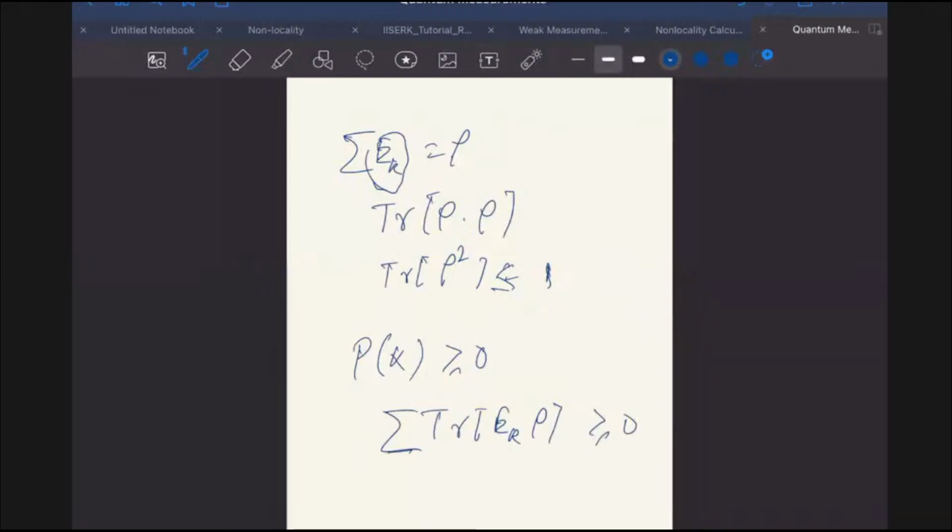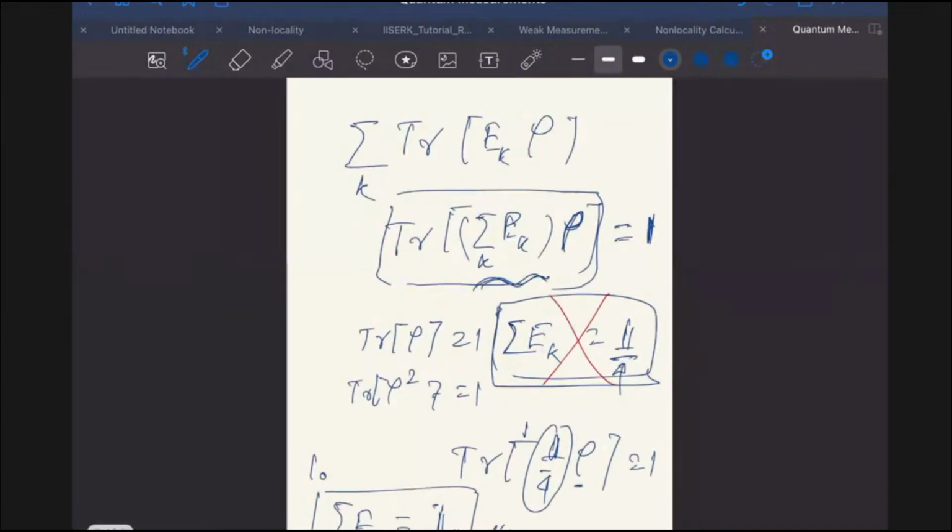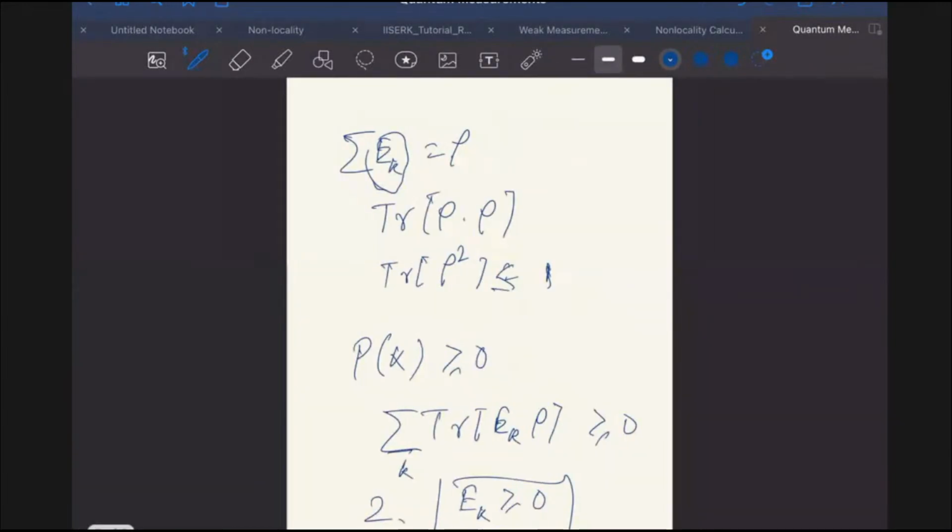From there, since trace of rho is positive already, E_k should be greater than 0. So these are my two conclusions, one is this one and the second is this one. These are the properties of POVM we have often encountered.